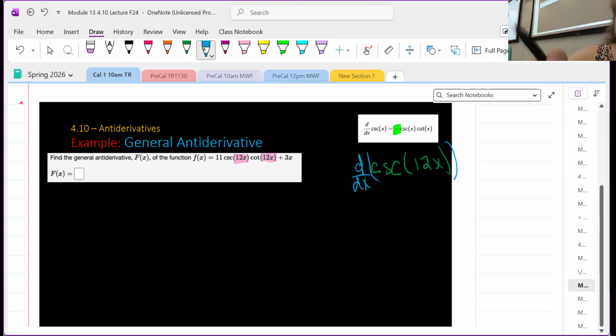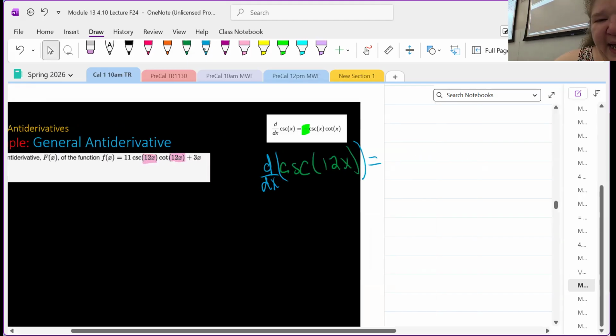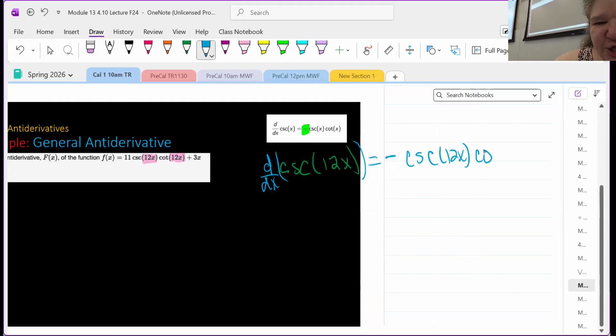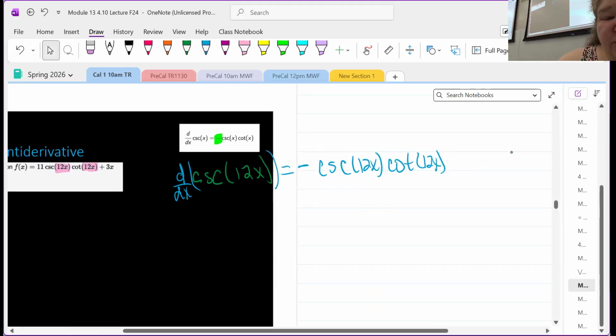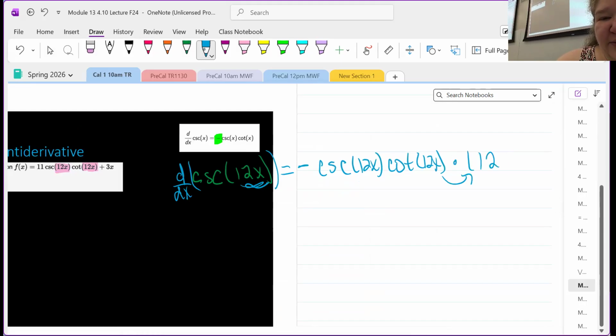So let me think through what the derivative of this is so I can see where the extra pieces need to be in there. So if I did the derivative of this, I'd get negative cosecant 12x, cotangent 12x. But then my chain rule would say times the derivative of the inside, which would be a 12.